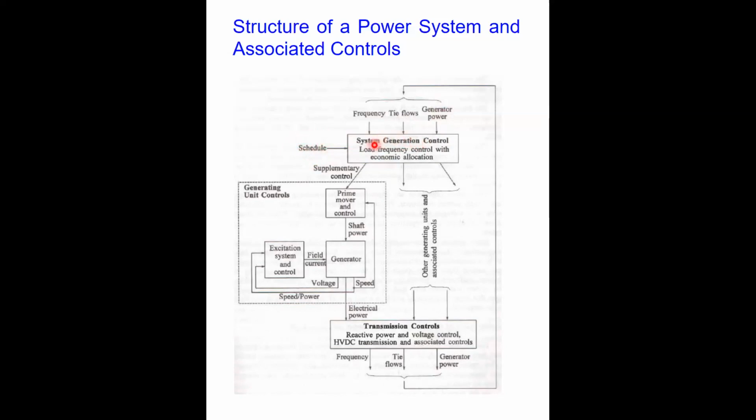So as to apply the load frequency control, and then again it will be based on economic allocation of the generation on the power plants. This economic allocation is more important for steam turbines, right?